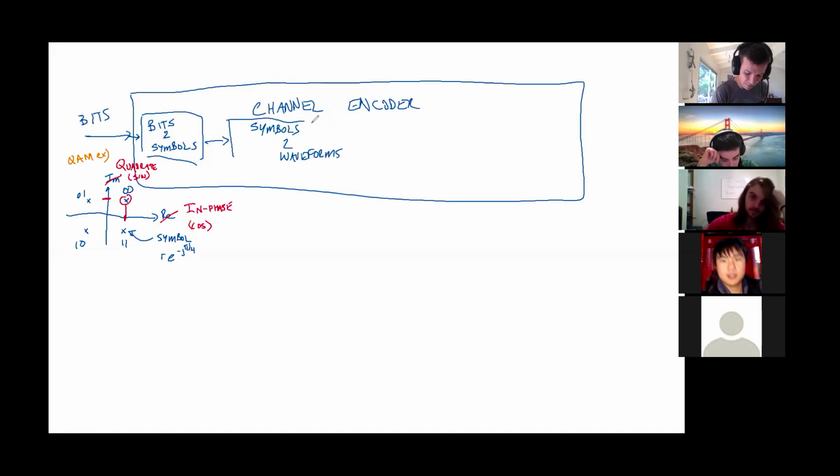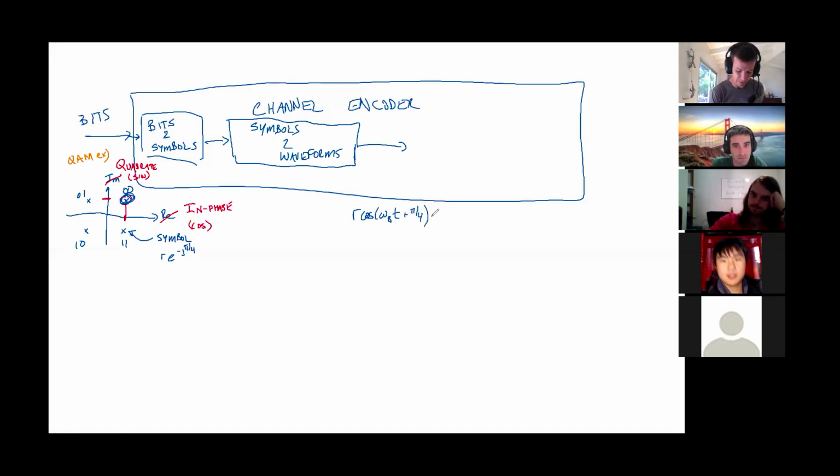And for QAM, we just talked about it. This symbol would end up being, so we can run this example through, kind of R cosine omega baseband t plus pi on 4 plus R sine omega baseband t plus pi on 4.